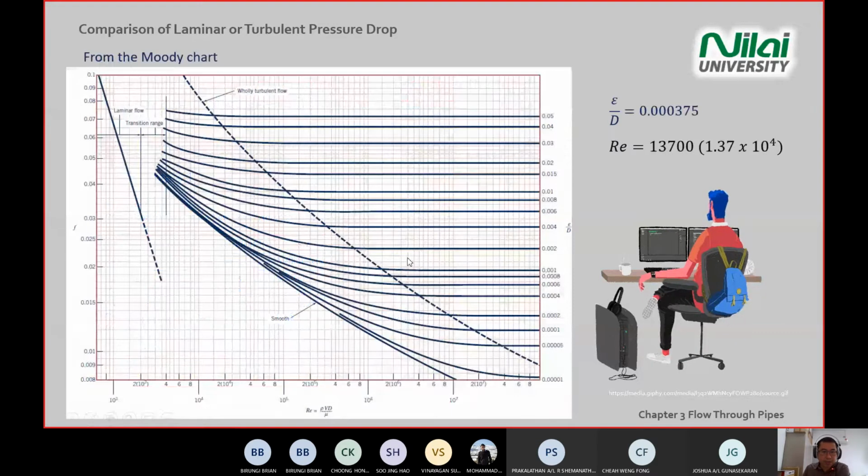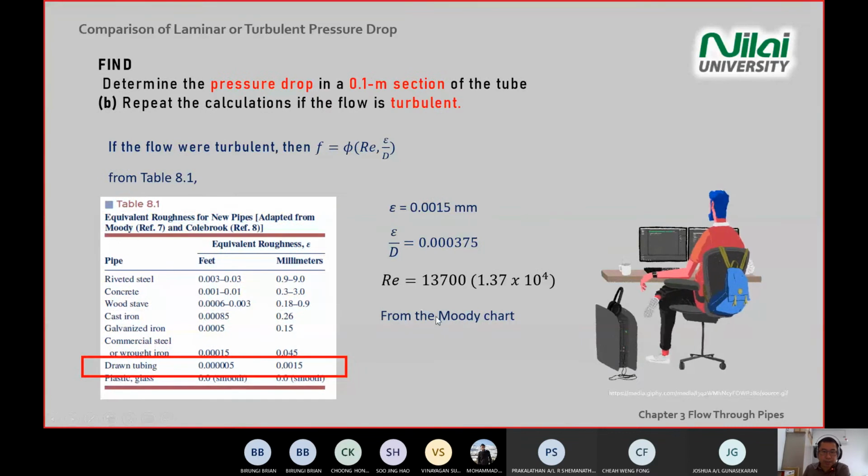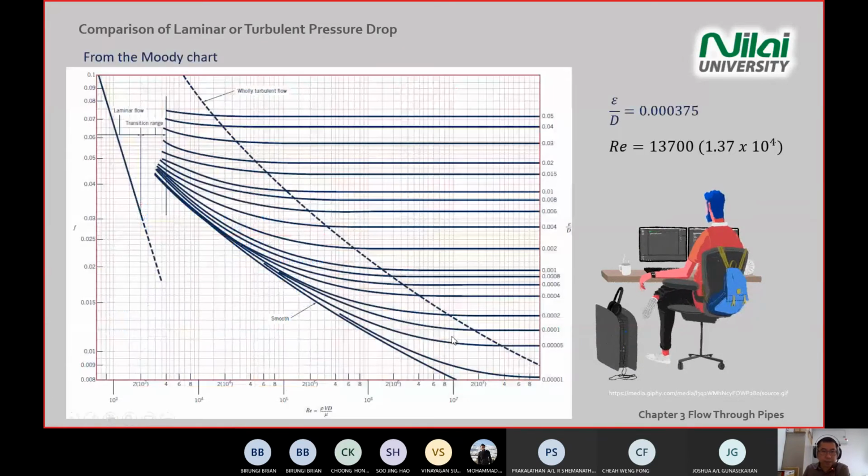So let's look at how we use all these numbers and how we apply the Moody chart. Okay, now your value on the right hand side, the equivalent roughness divided by D, just now we got 0.000375. Reynolds number is 1.37 times 10 to the power 4.